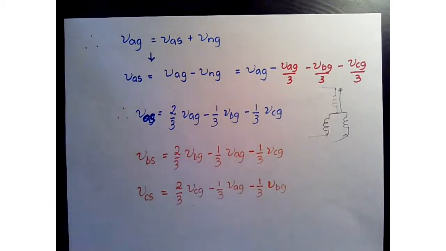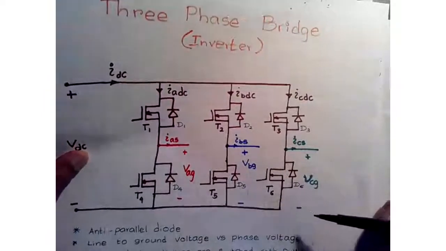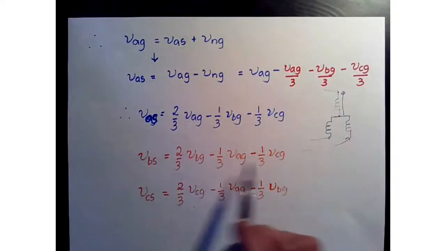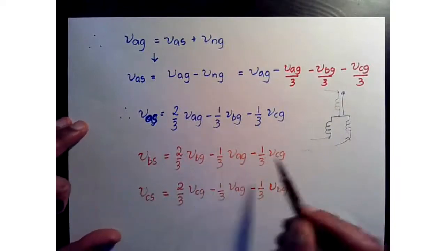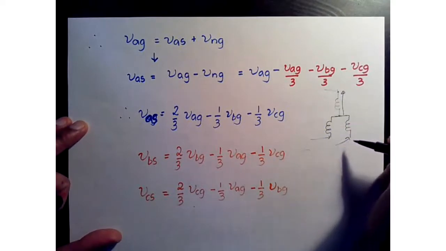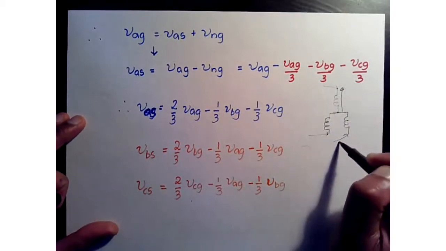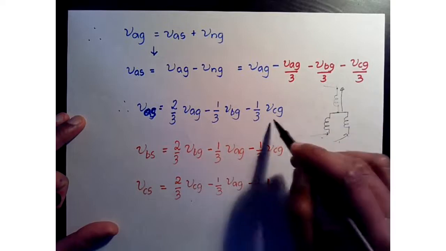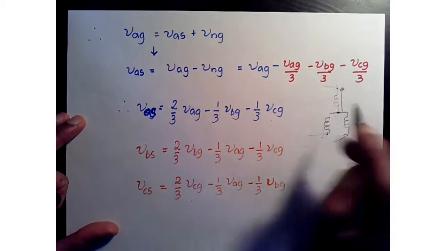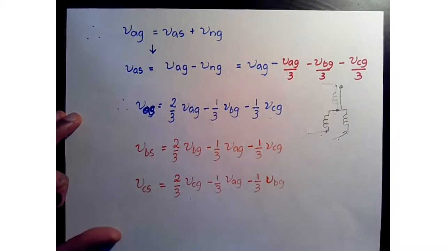So if we go back to our inverter, this is VAG, this is VBG, this is VCG, and the phase voltages are related to all three. The combination is what results because of the electrical connection that we have inside the machine. Because we apply VBG here, VCG here, all with respect to ground, and then there's a neutral point here that gives us this nice relationship.